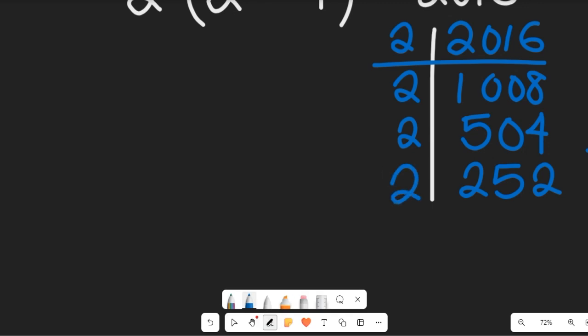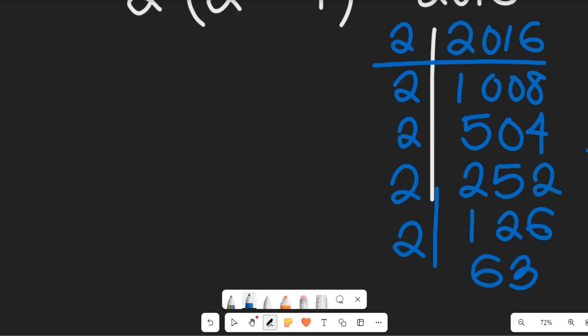2 can still go. If 2 goes, this is going to give me 1, right? And this is going to give me 2, and this is 12, then I have 6, right? Then 2 can still go. If 2 goes, this will give me 6, and this will give me 3, right?